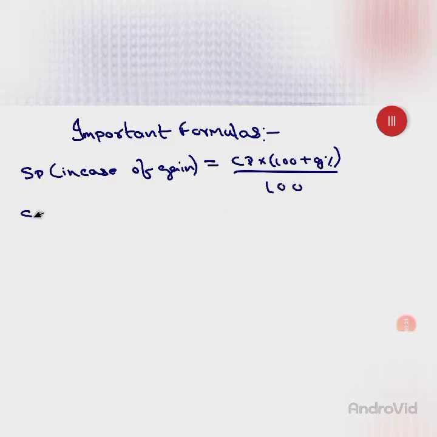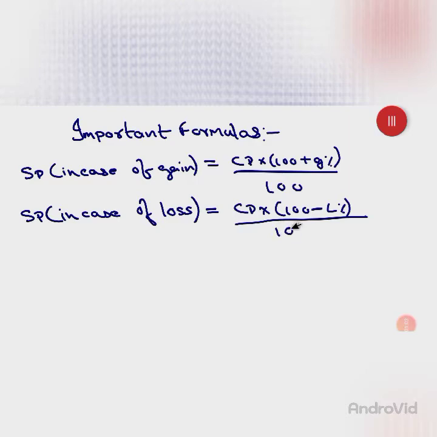Now again selling price in case of loss is cost price into 100 minus loss percent divided by 100.